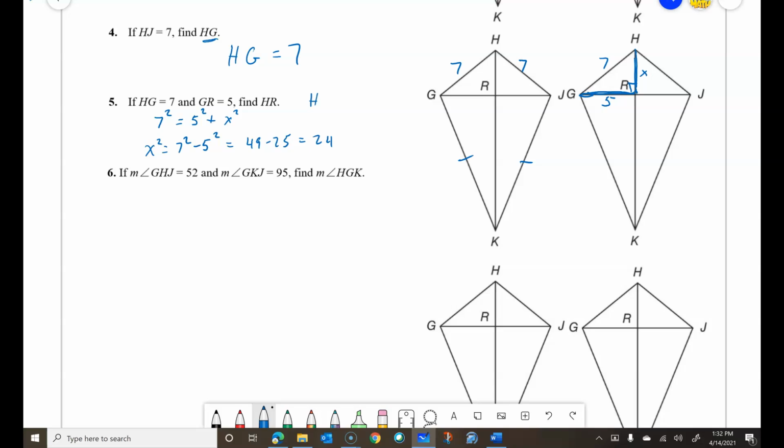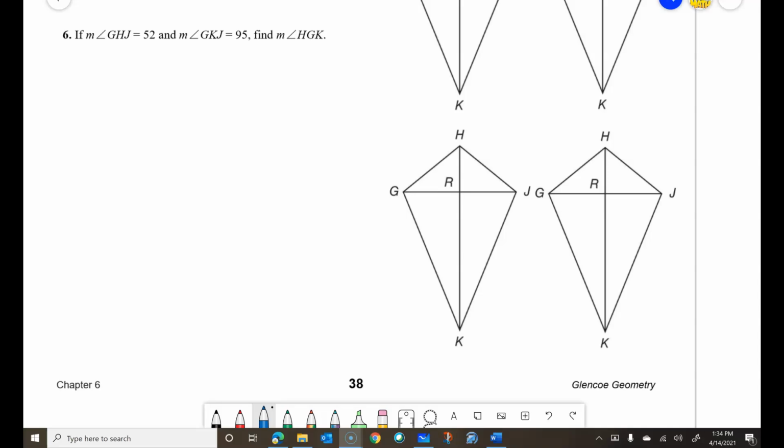So that means HR would be the square root of 24. And we can just leave that under the radical, or you could simplify it if you want. We know that that breaks down into the square root of 4 times the square root of 6. So we could say HR equals 2 square root of 6. Either one of these is fine for our value of HR, or you plug it in your calculator and get a decimal.